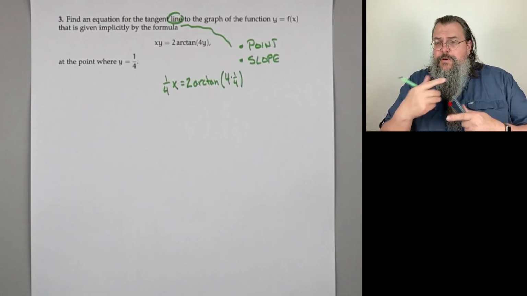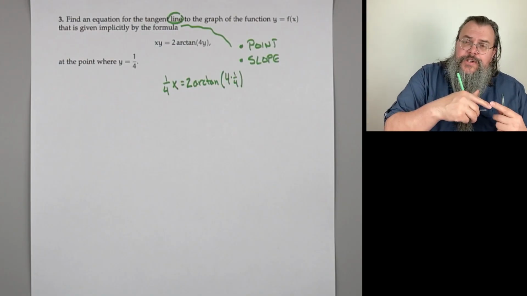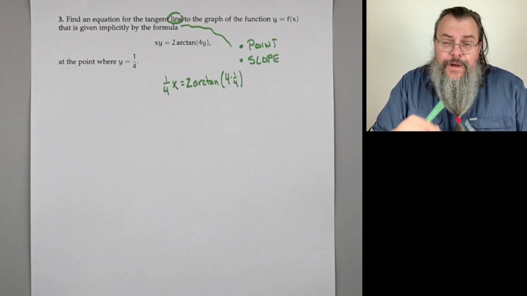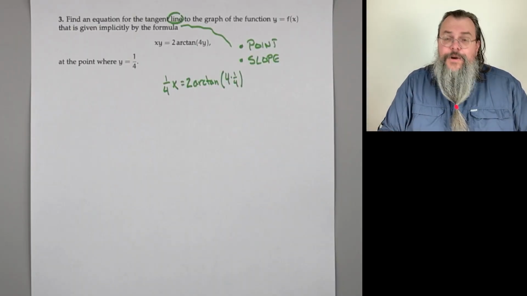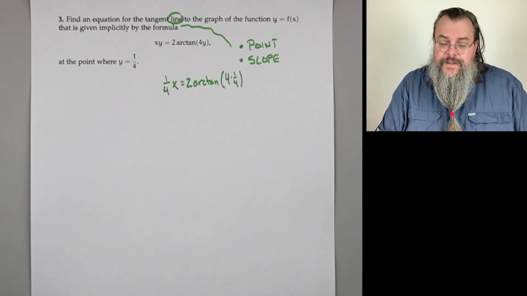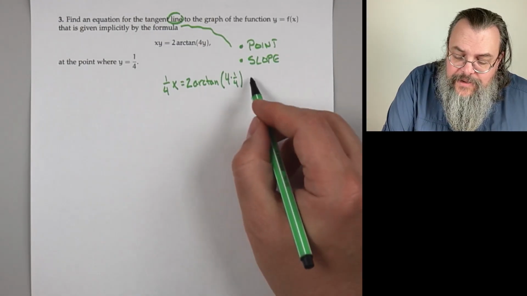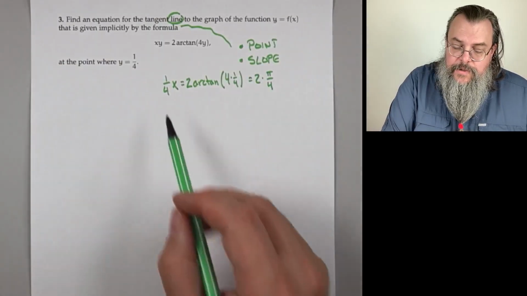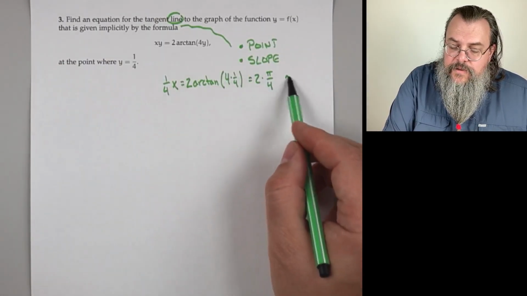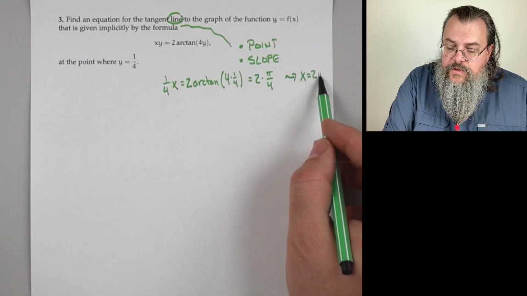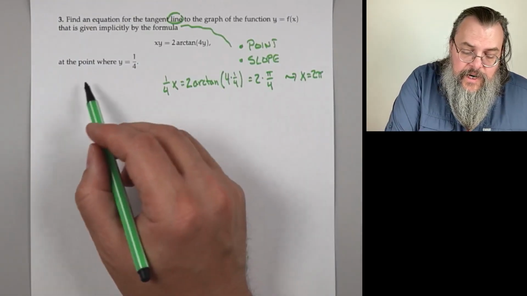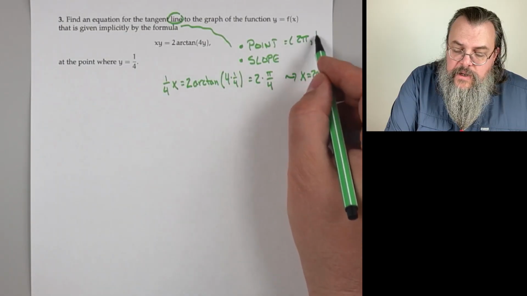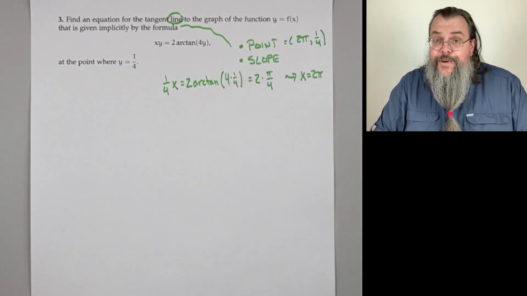Well, that's the same question as saying tangent of what angle gives us 1? A 45 degree. But we're in calculus, so we don't say 45. We say pi fourths. So this would be 2 times pi fourths. Well, we can multiply both sides by 4, and we see x is 2 pi. So our point is at x equals 2 pi, y equals 1/4.